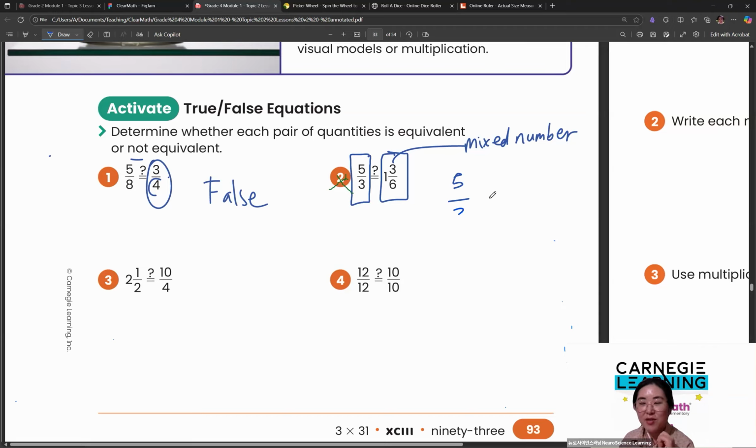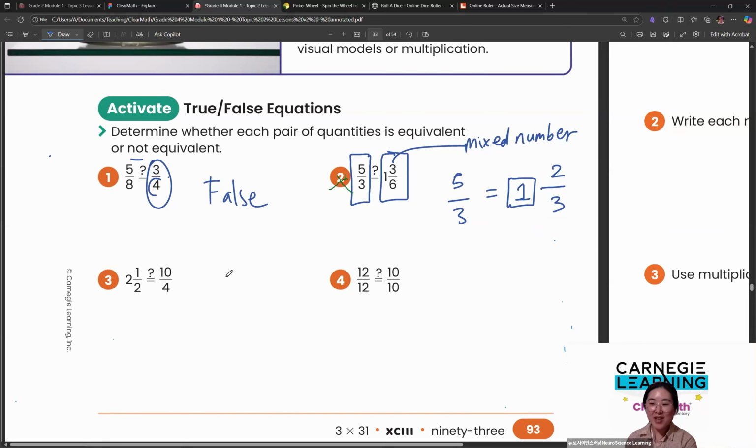How can you write 5/3 as 1 and 2/3? Write it in your notebook, please. Yes, that's right. You got the answer. It's 1 and 2/3. Great.